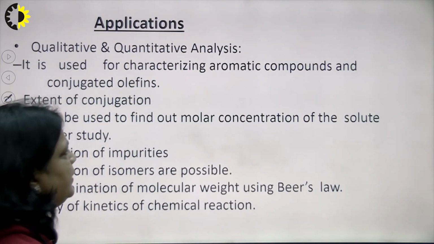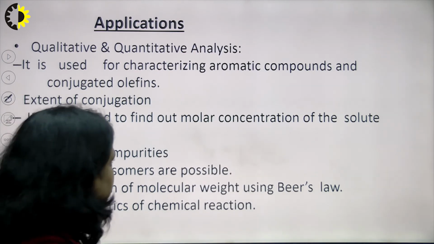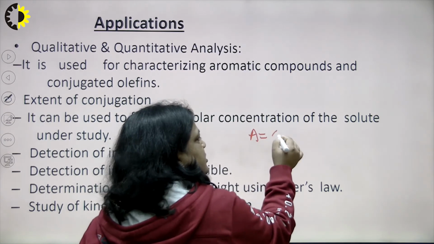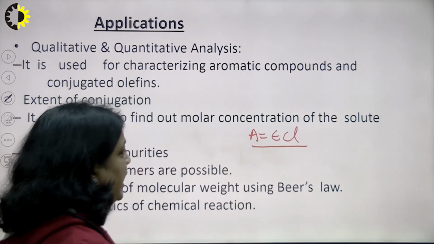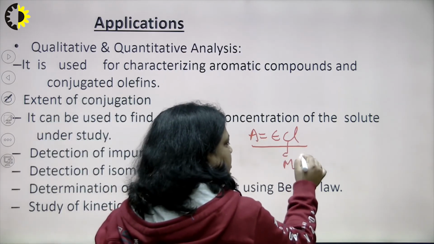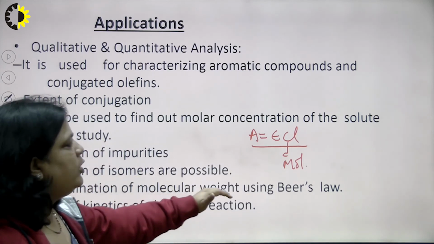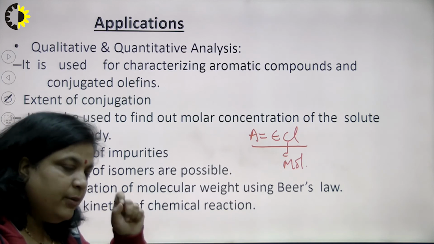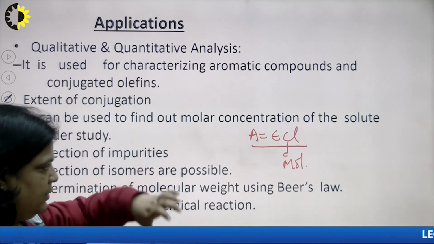Second, it can be used to find the molar concentration of the solute under study, by using which formula, which law? Beer-Lambert's law. We can find C, and when we know C, we can also find the molecular weight of the compound. So, determination of molecular weight. Detection of impurities, because if an impurity is present, it will show a lambda max value.